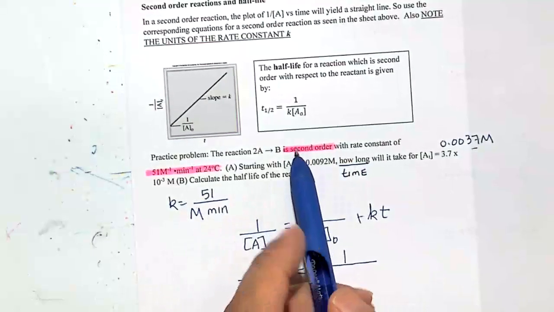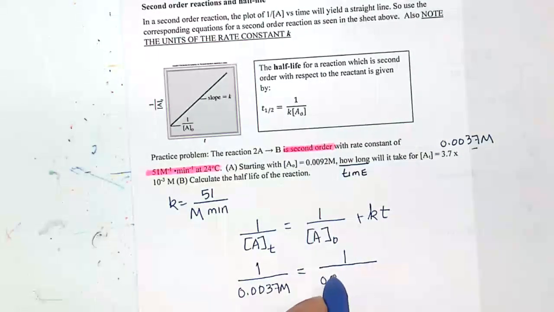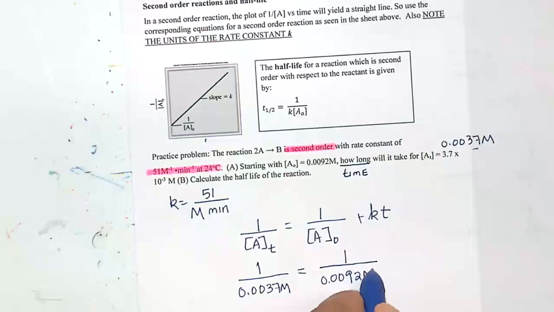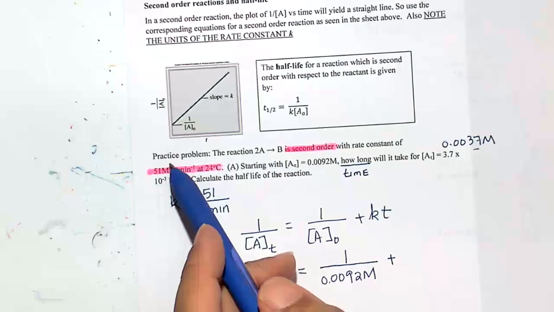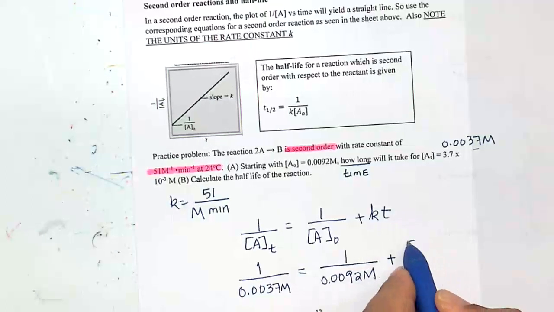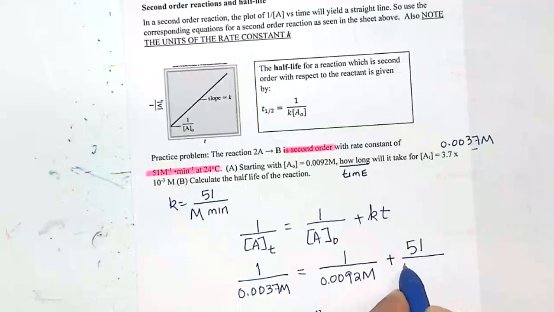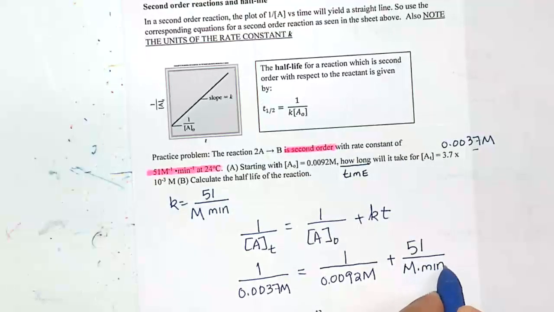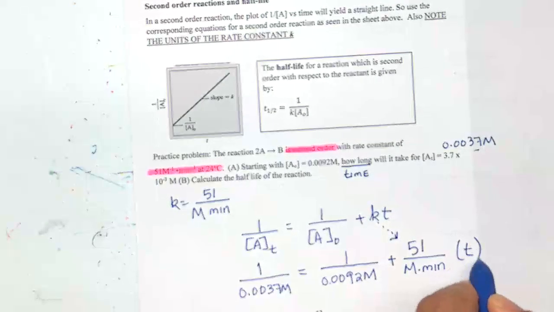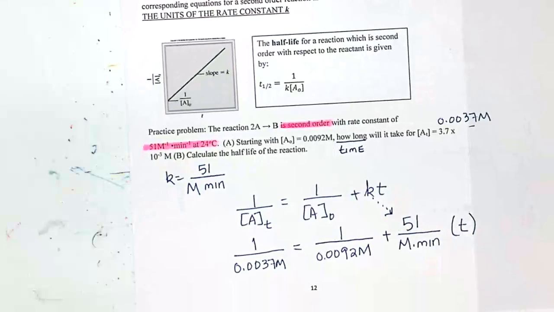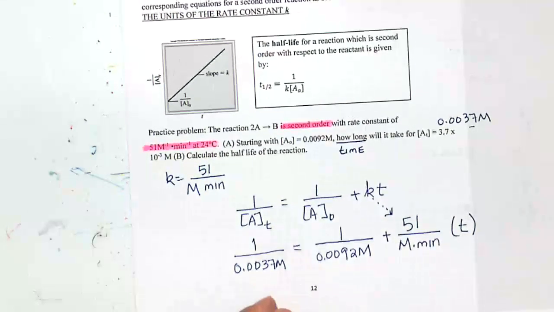What is 1 over A naught? 0.0092 molar. Plus k. What is k? 51, molar at the bottom, minutes at the bottom. And t is what we're trying to solve for. All right, can we solve for t here?